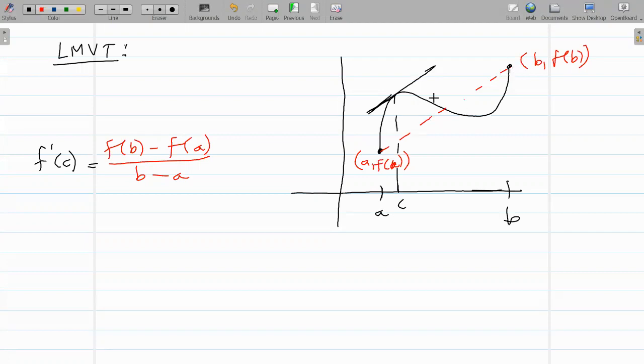Please understand, this is exactly the same as Rolle's. If I move this f(b) down to f(a), you will see the whole thing gets rotated and you get the situation of Rolle's theorem. There can be 2 points in this case with the same requirement. So LMVT says f from [a, b] to R, with the first and second conditions, then there exists c such that f'(c) equals (f(b) minus f(a)) over (b minus a).